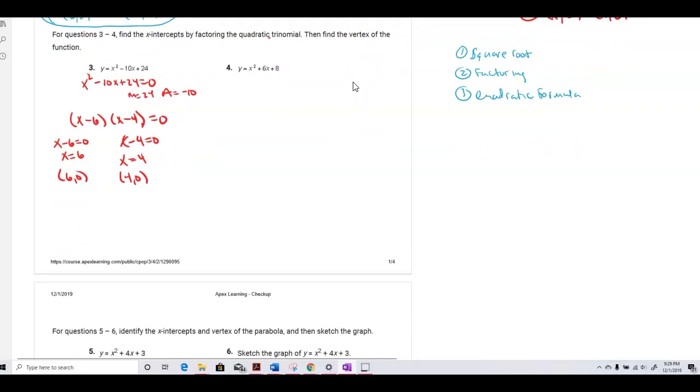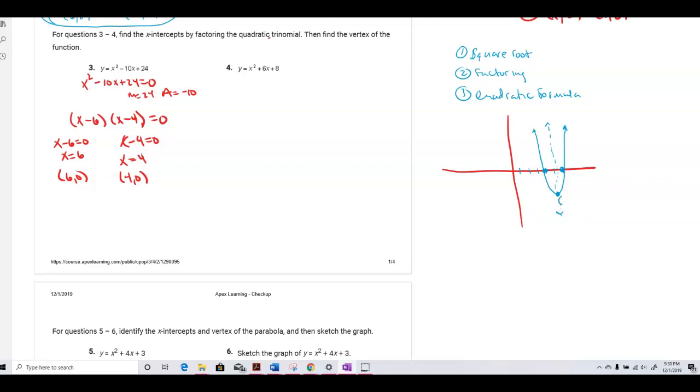Now what they want you to see here is if we plot those x-intercepts, 6, 0 and 4, 0, the vertex of this will land directly in the middle. So what is in the middle of these two x values?